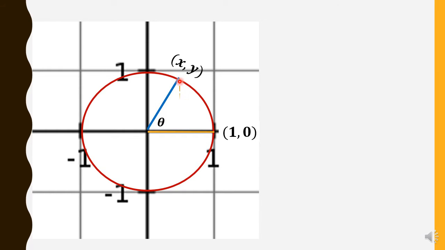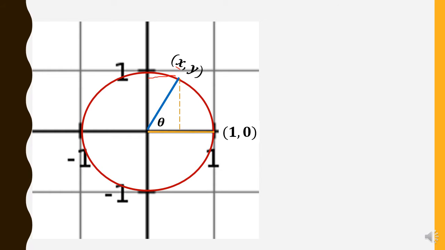Okay? So, how do we identify the ordered pair? Our x, y is such that x is the distance of this point from the y-axis. So, it's this distance here. Sorry. Let's erase that part.